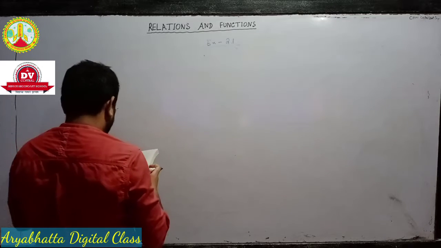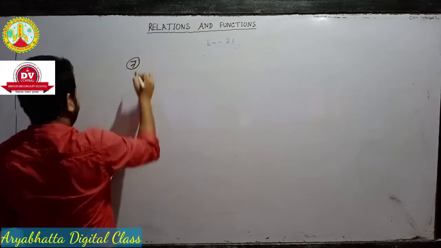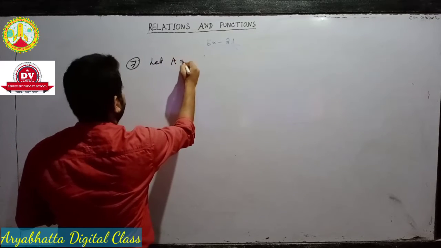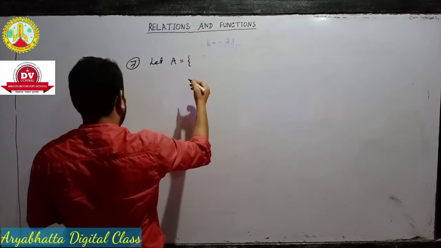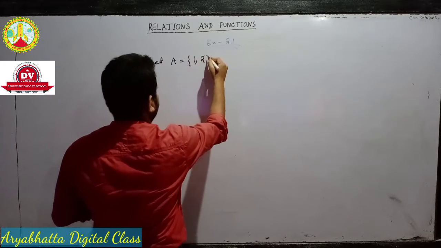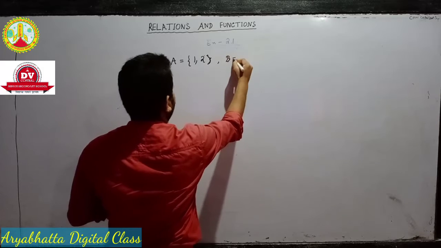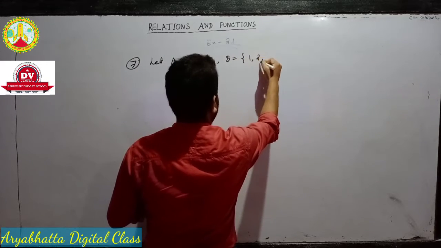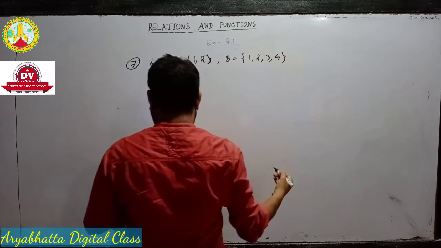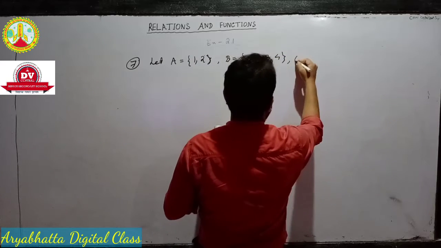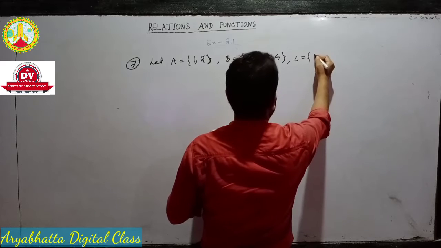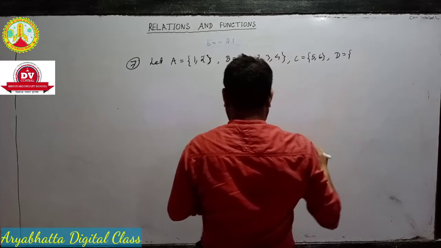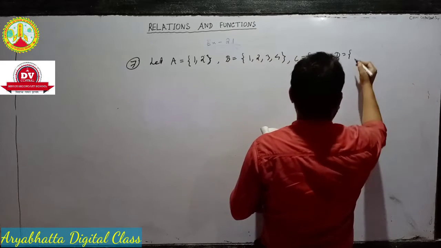Question number 7. Let A equal to {1, 2}, B is equal to {1, 2, 3, 4}, C is equal to {5, 6}, and D is equal to {5, 6, 7, 8}.